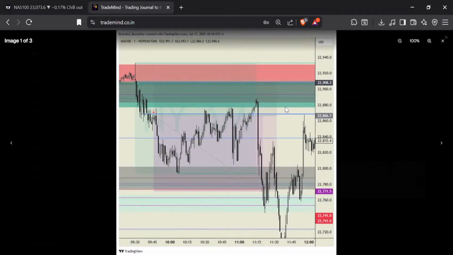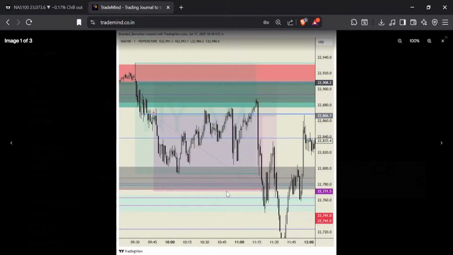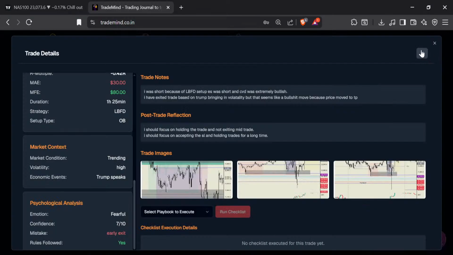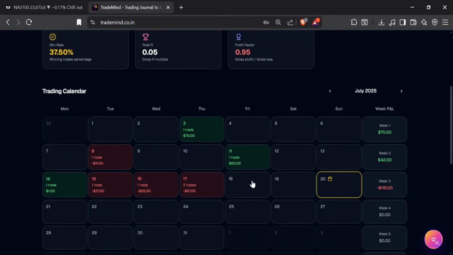Do not alter or trail your SLs unnecessarily, because that cost me 1% profit here, as well as in Friday's trade, as we mentioned, due to the change I made in SL, my SL got hit.